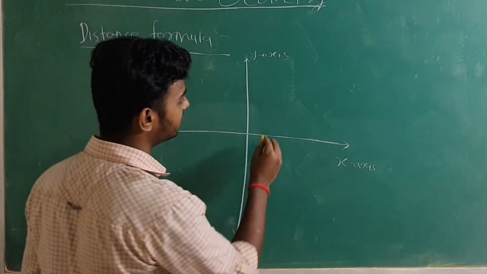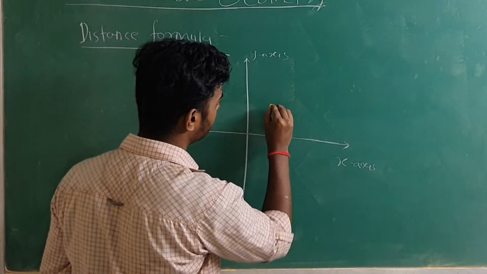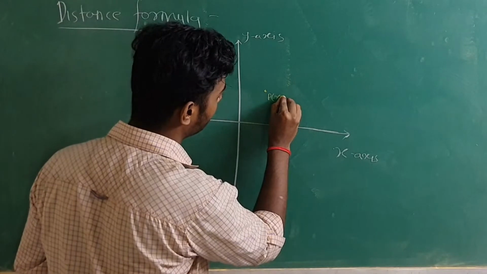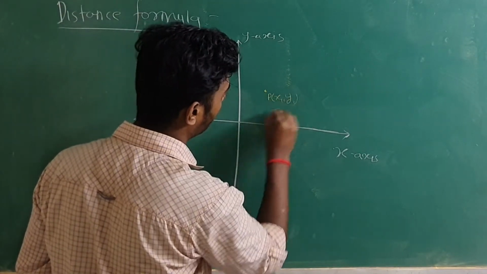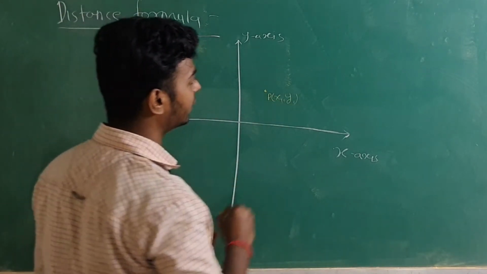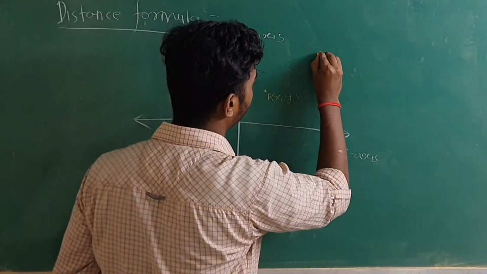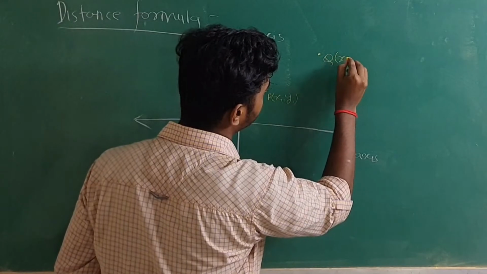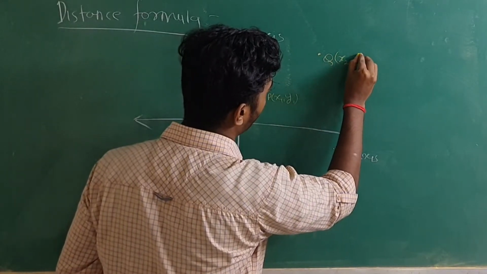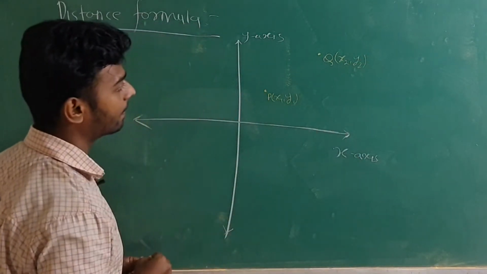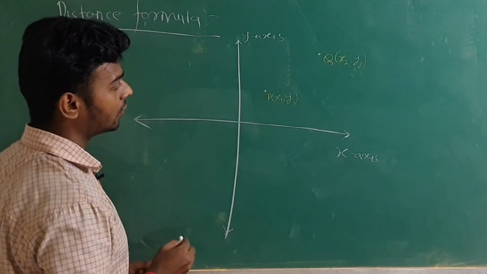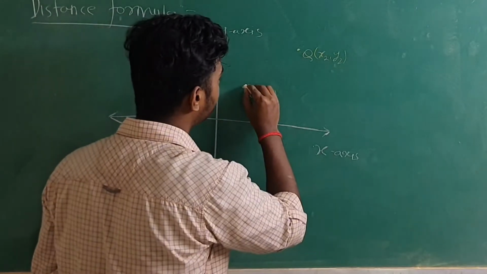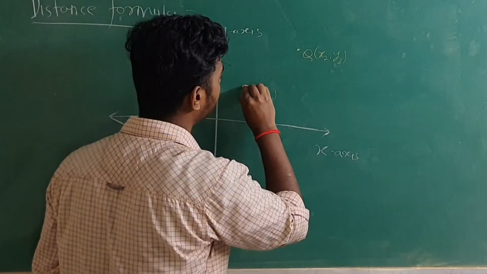Consider a point P whose coordinates are (x1, y1), and consider another point Q whose coordinates are (x2, y2). Now we have to find the distance between these 2 points. Let's join these 2 points by a line.